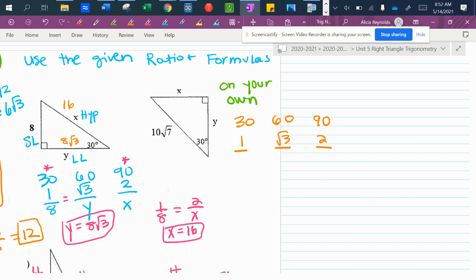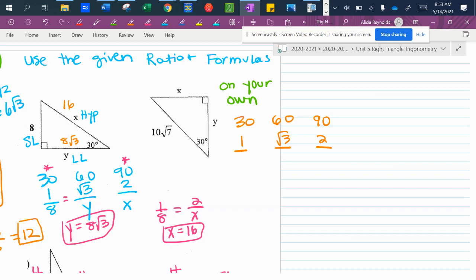Remember, the long leg is opposite 60 degrees. The hypotenuse is opposite 90 degrees. I need to see the top part. Write the whole thing out. 30, 60, 90, 1, root 3, 2. If we're trying to use shortcuts here, we're going to make some mistakes.